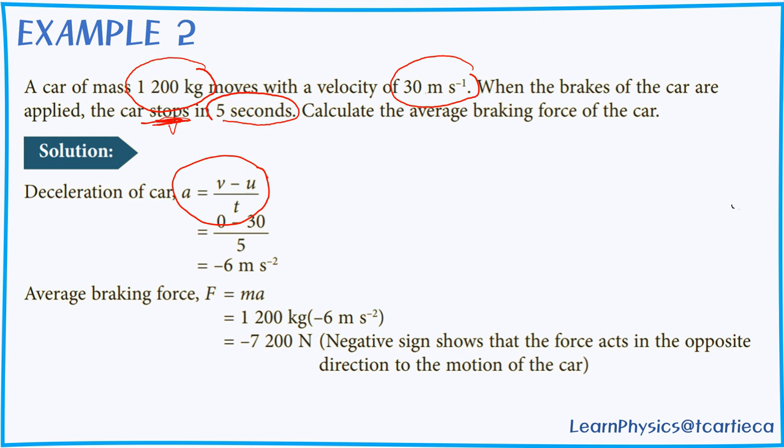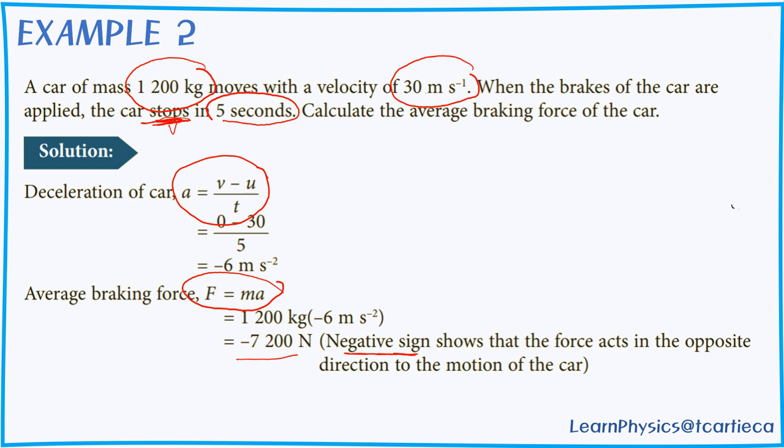So we want to calculate the braking force. By using the formula F is equal to ma. So substitute mass 1200 kg. Acceleration you get negative 6. So your answer is negative 7,200 Newton. So the negative sign here shows that the force acts in the opposite direction of the motion of the car. So make sense lah. Okay, sebab dia brake kan.